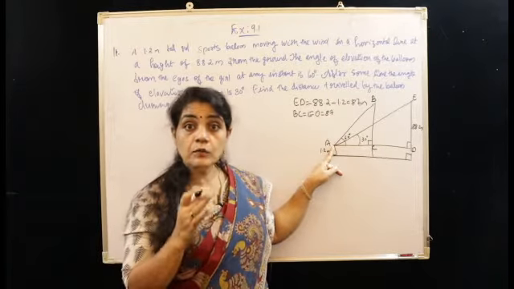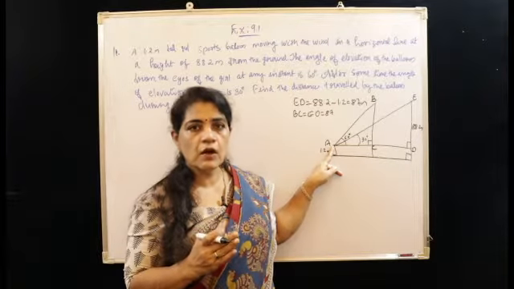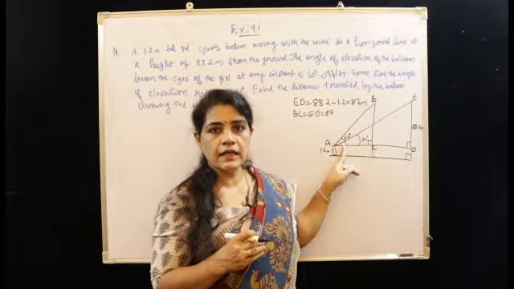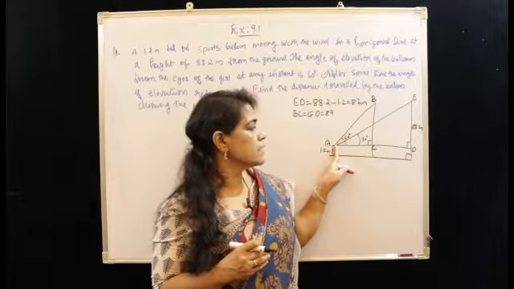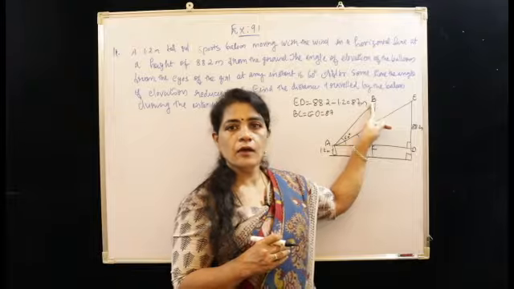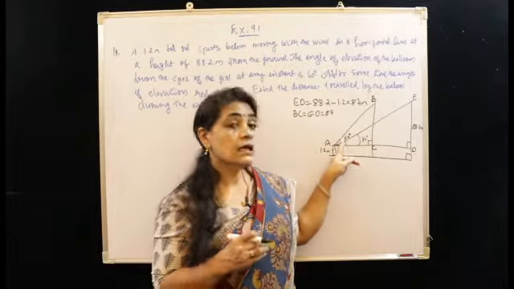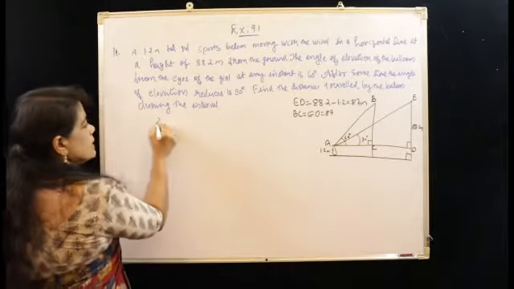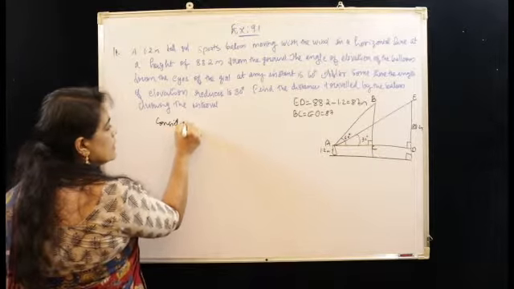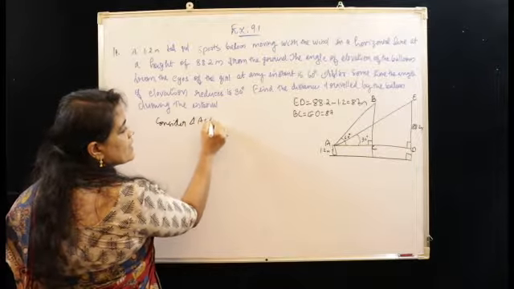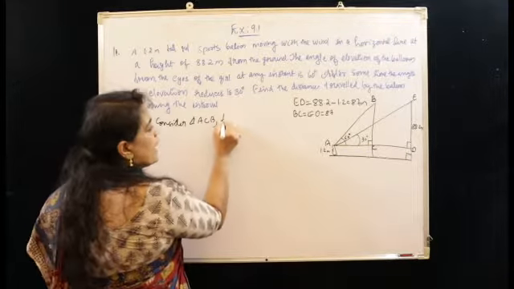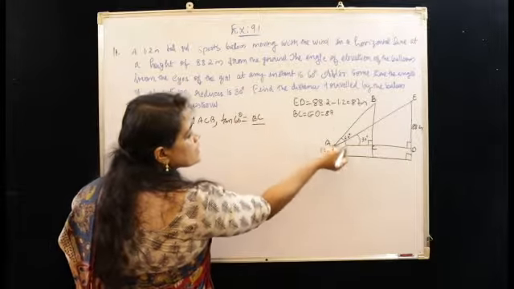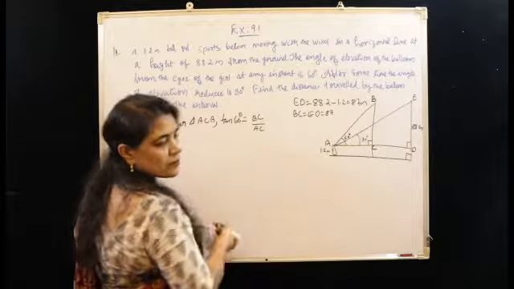Here the girl is not moving from her position, and the angle of elevation is given as 60 degree. So we consider the right triangle ACB with the acute angle as 60 degree. Consider triangle ACB: tan of 60 degree equals BC by its adjacent side, that is AC.